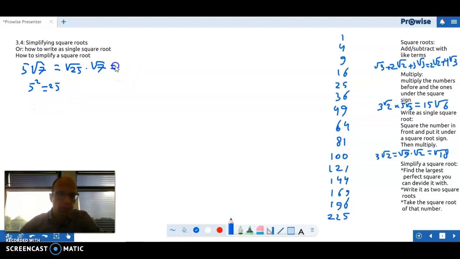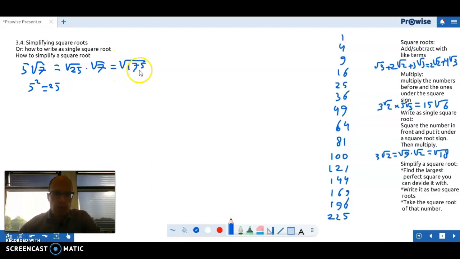And then you multiply these under the square sign, you get one number under the square sign, and this is 175. So apparently 5 times square root of 7 is equal to the square root of 175.